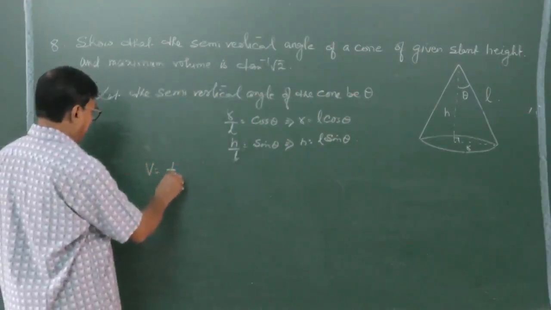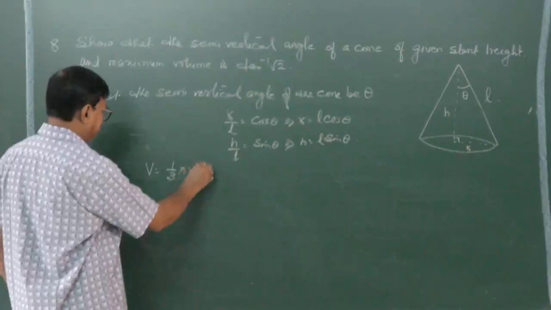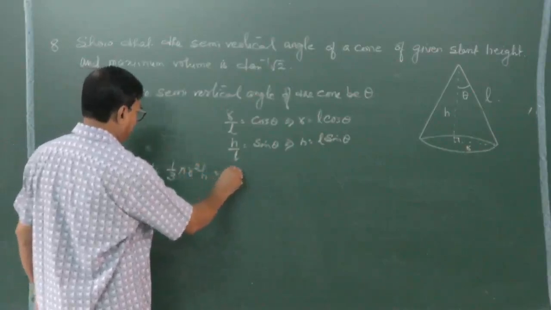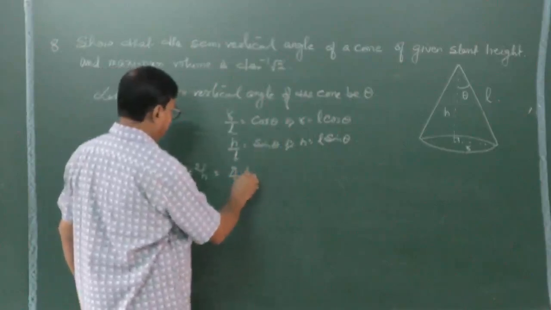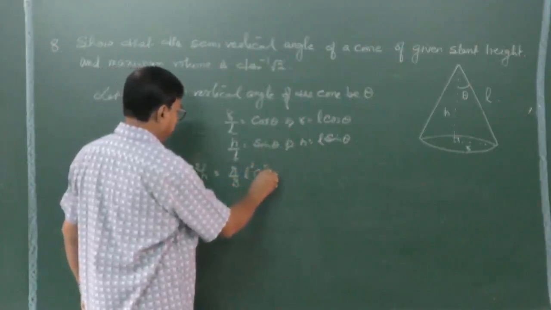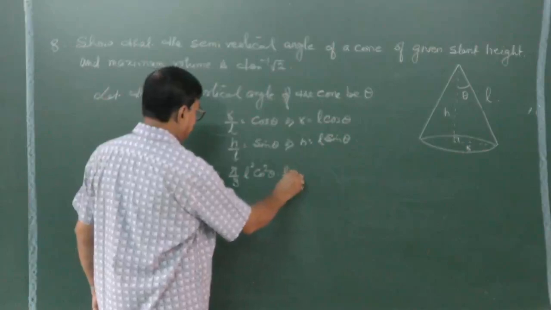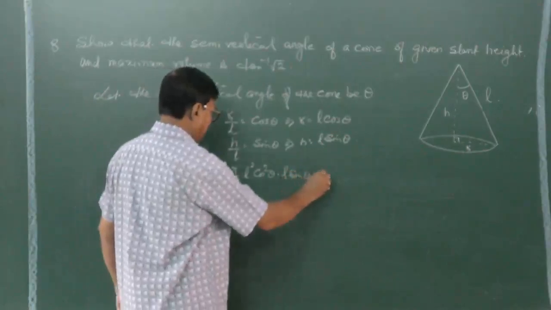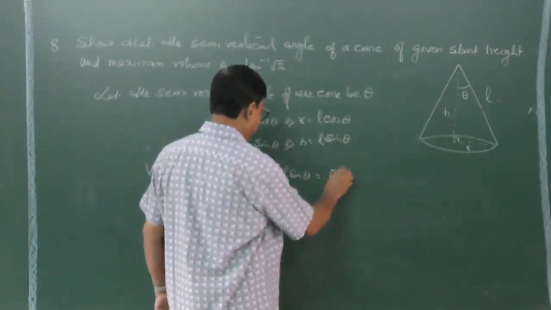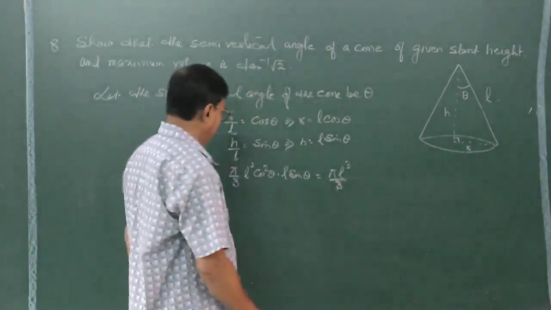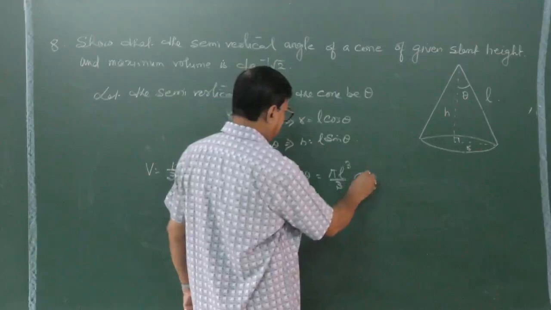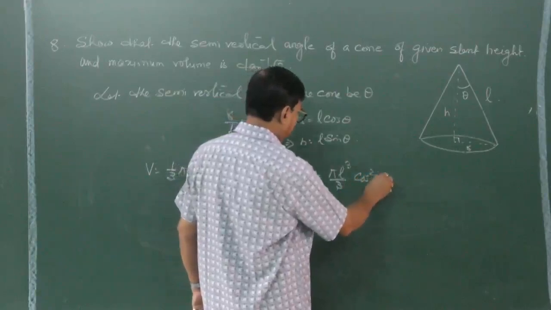But here, volume will be 1 by 3 pi r square h. So pi by 3, r square is L square cos square theta into h, L sin theta. So L is constant, pi is constant, so I am taking this constant together. We get cos square theta into sin theta.